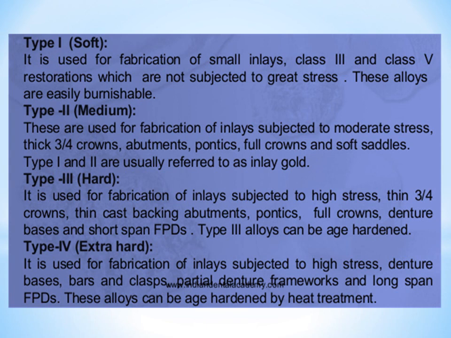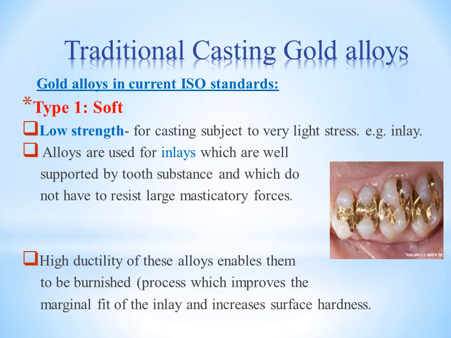So as you can see from type 1 to type 4, the hardness is increasing. And as mentioned in the previous slide, the nobility and gold content is decreasing and it is being replaced by other metal alloys. So let's discuss the casting gold alloys individually. According to ISO type 1, as I mentioned, it's the soft alloy.